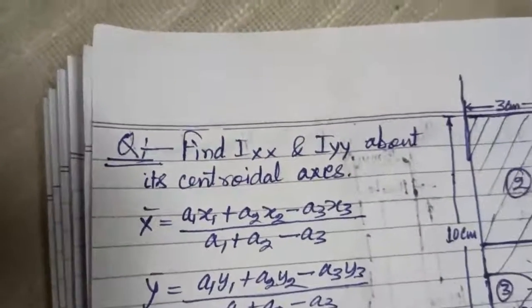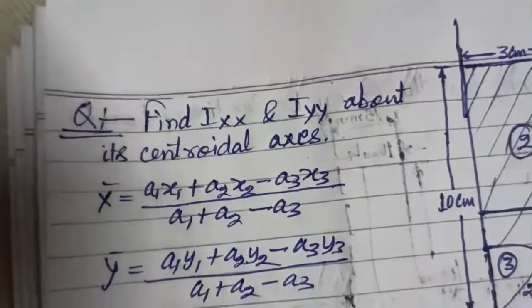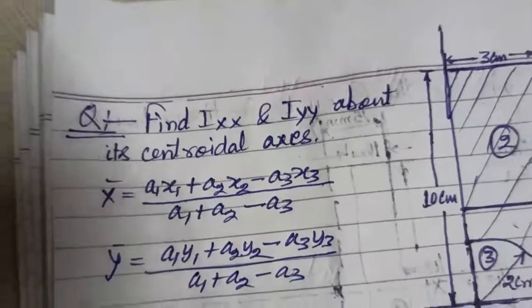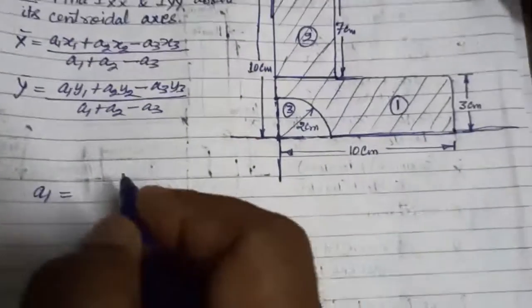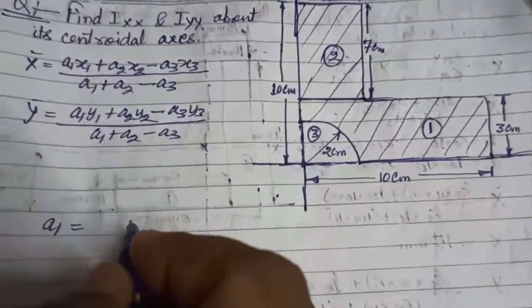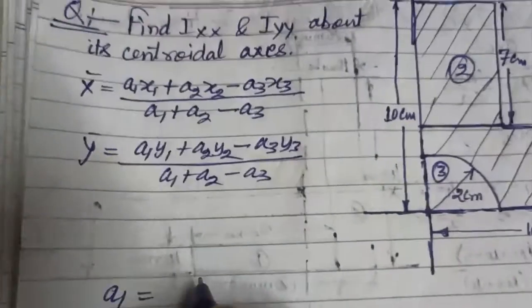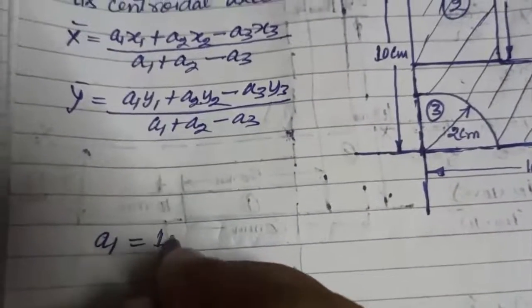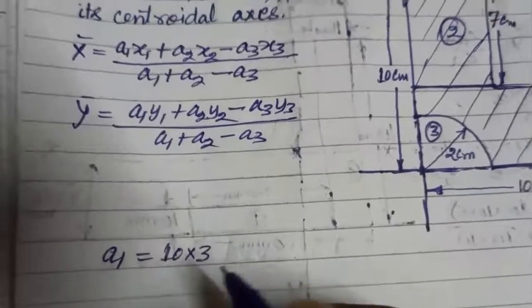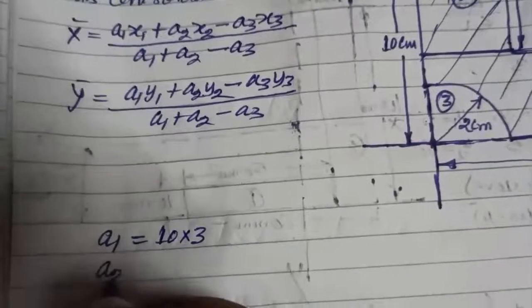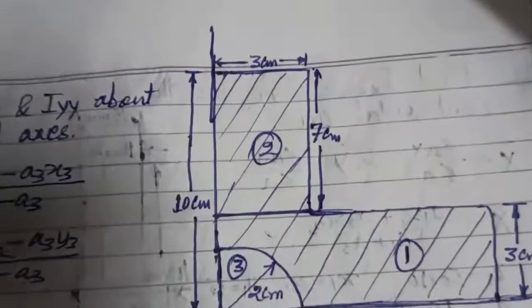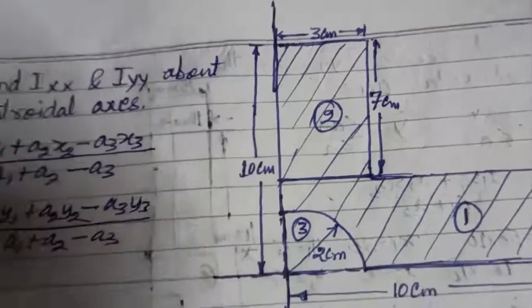So for this, first of all, A1 is 10 into 3. A2 is 3 into 7.